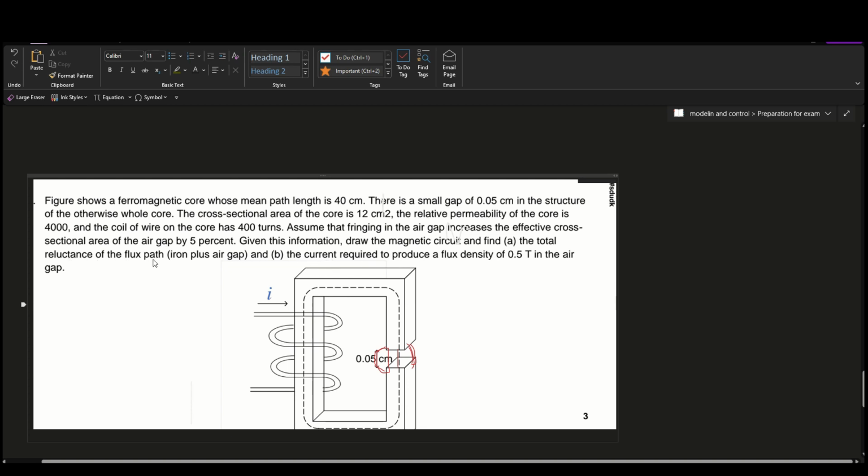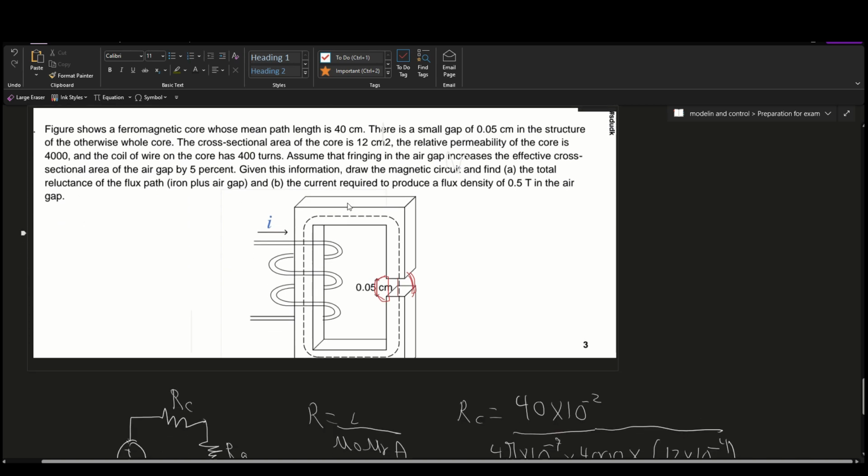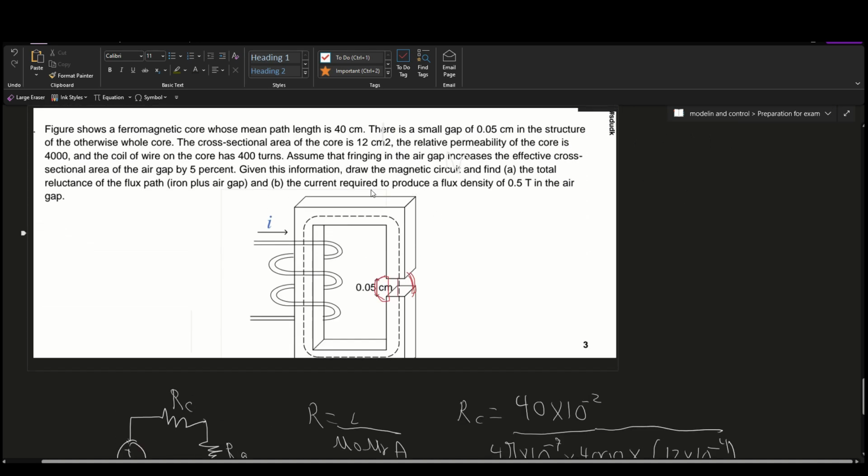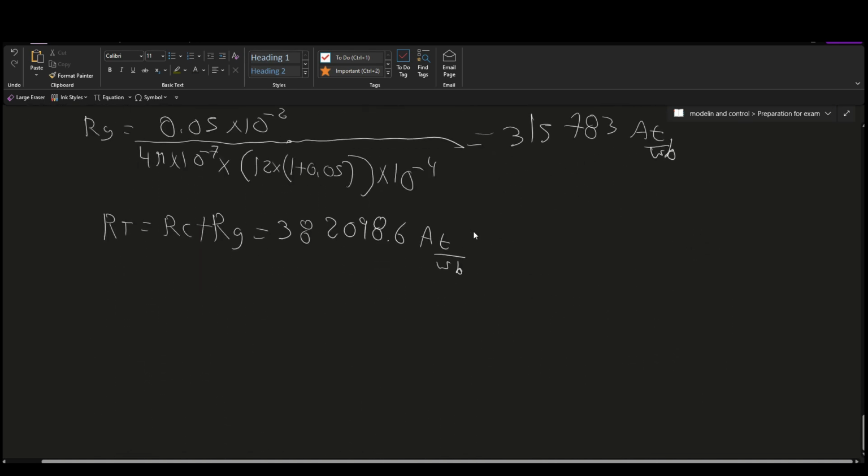And they want to calculate the current required to produce a flux density of 0.5 Teslas. So now we need to talk about flux density.